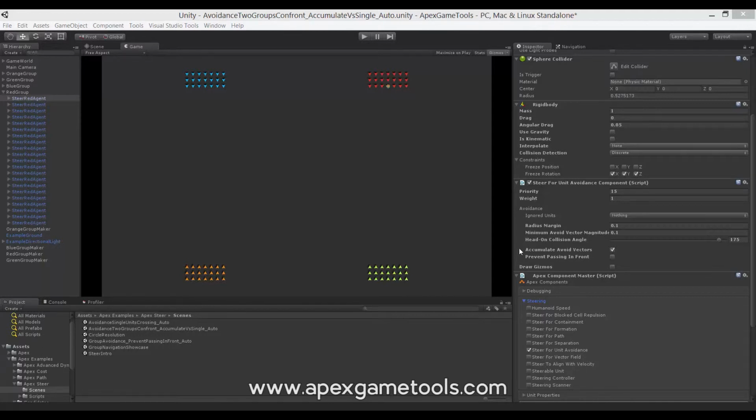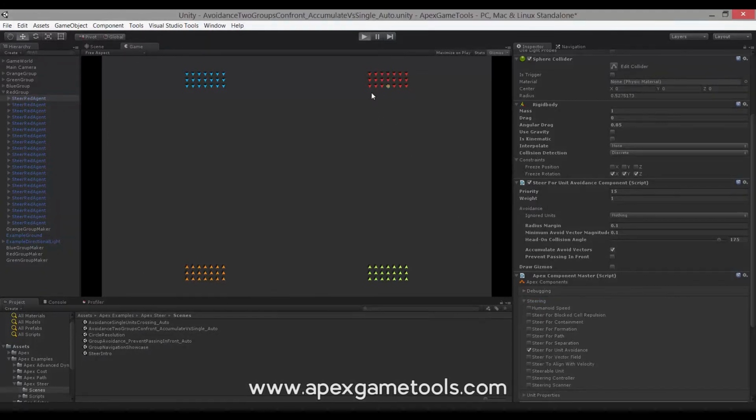So let's have a look at the different options here and how they look. So in this example seen here, we have 4 groups. On the right side we have 2 groups with accumulate vectors on, and on the left side we have two groups with accumulate vectors off. Let's see that in action.